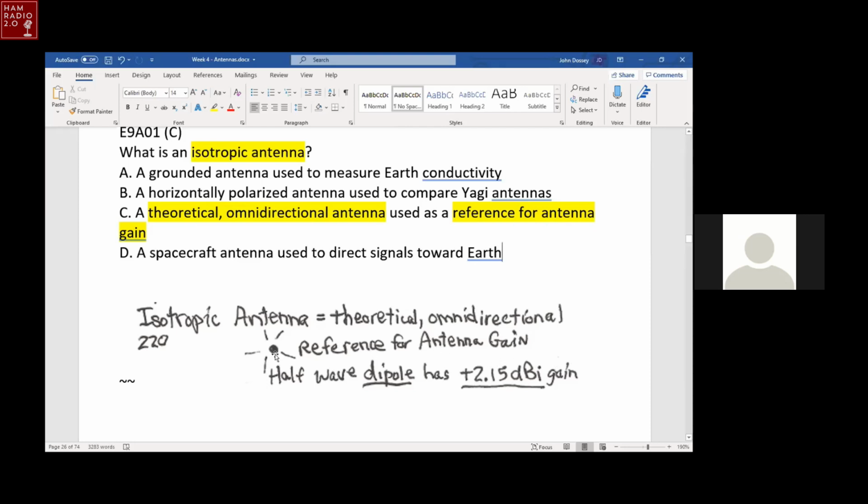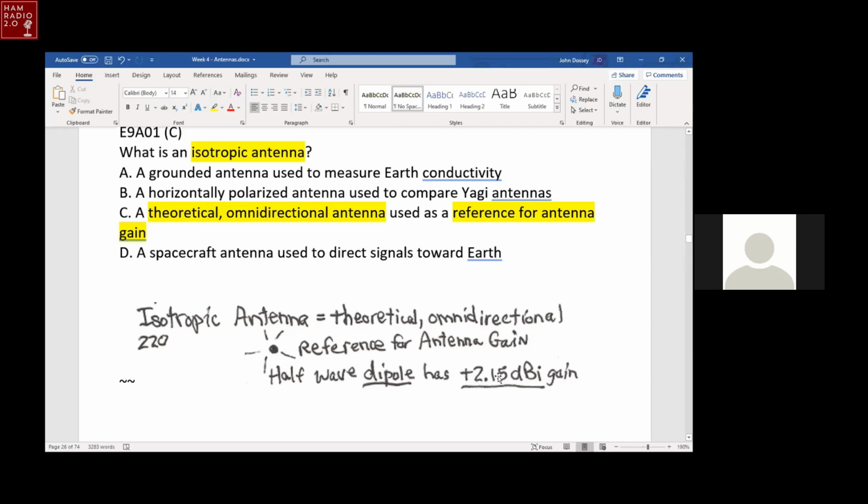Sometimes this is called a point source because it doesn't have any length. It's a point that radiates electromagnetic energy in every direction around it from itself. So going outward from itself, it's a unity gain pattern in any direction you go. It's a reference for antenna gain, and the half-wave dipole has 2.15 dB gain over the isotropic.